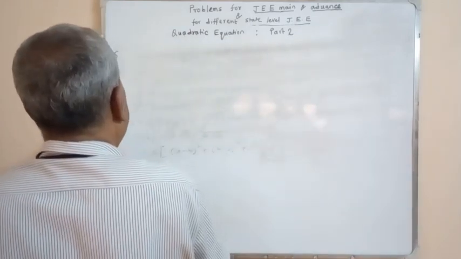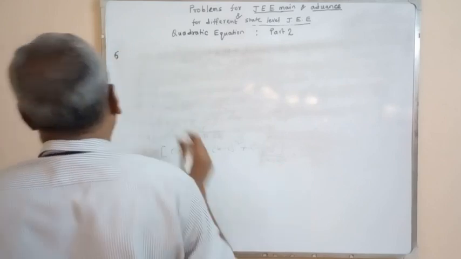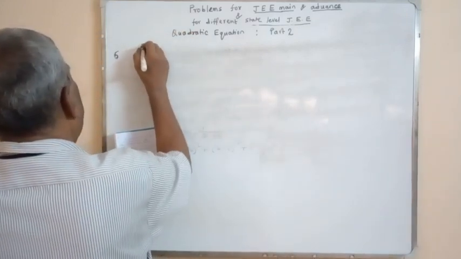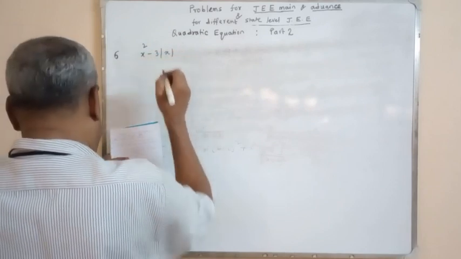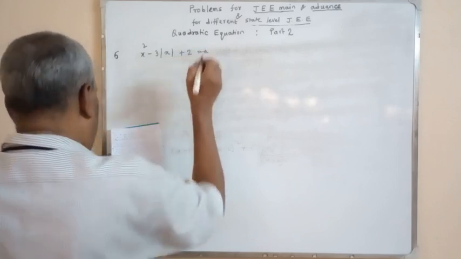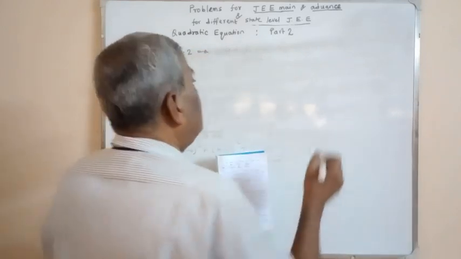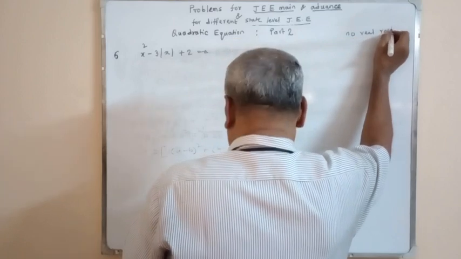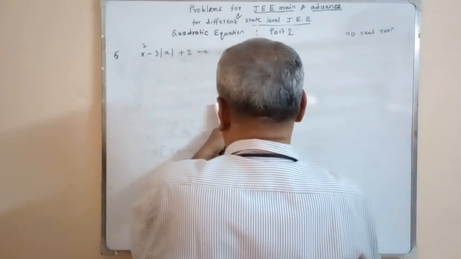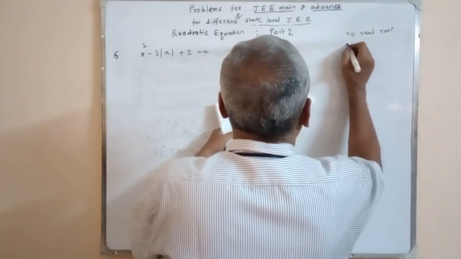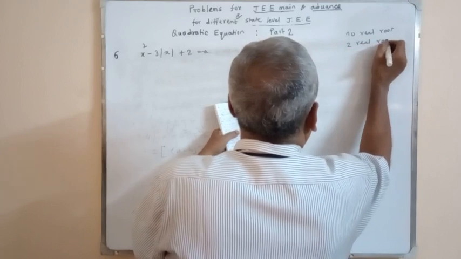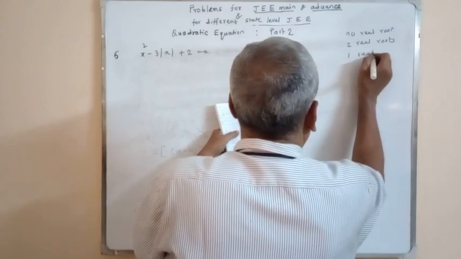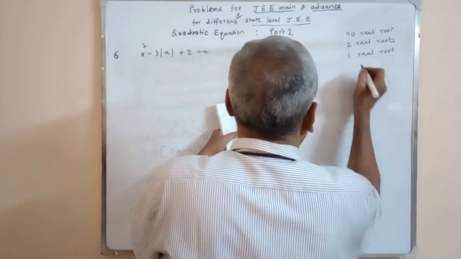Problem is: the equation x square minus 3 mod x plus 2 is equal to 0 has number 1, no real root, two real roots, one real root, and four real roots.